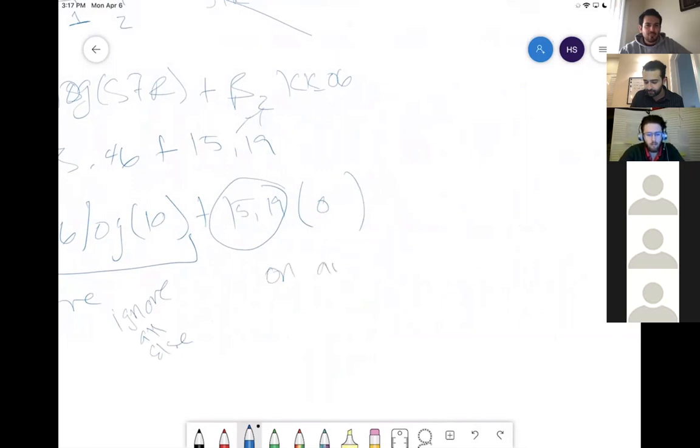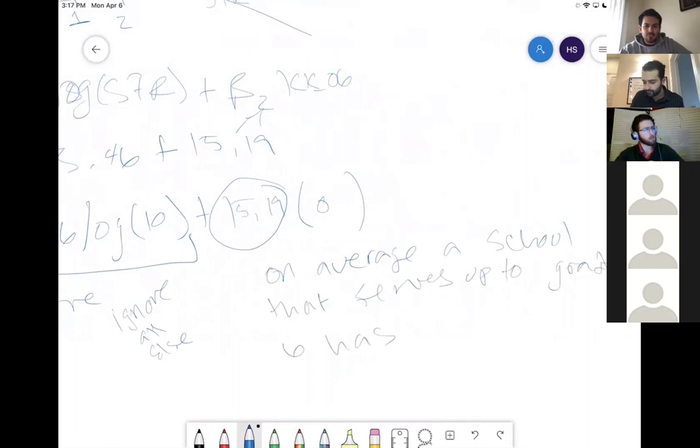On average, a school that serves up to grade 6 has 15.19 higher average test scores.